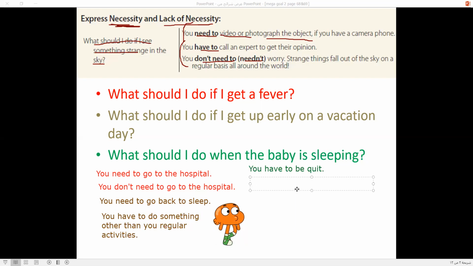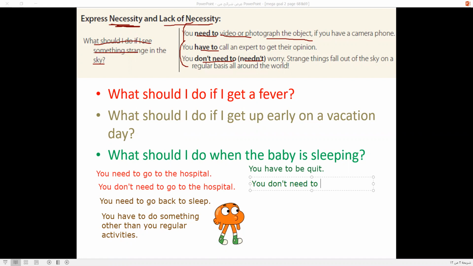Don't shout because the baby is sleeping. How are you going to use it? You don't need to lower your voice.